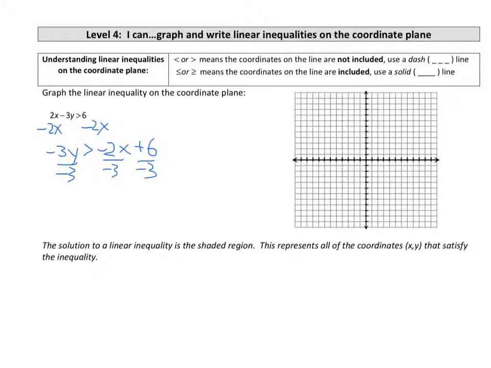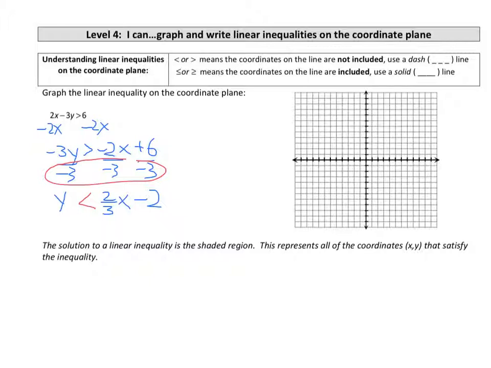And just like with graphing an inequality on the number line, if you multiply or divide both sides by a negative, you have to flip the sign. And we just divided by a negative, so we have to flip the sign. And we get y is less than negative 2 over negative 3 simplifies to positive 2/3 x. And then 6 divided by negative 3 would be minus 2. And this is the inequality that we're graphing.